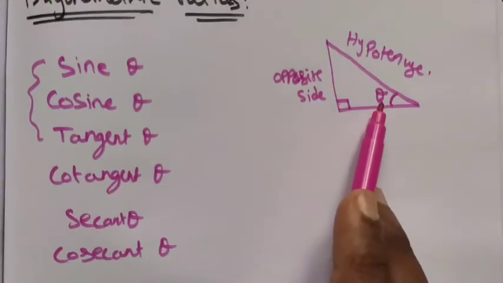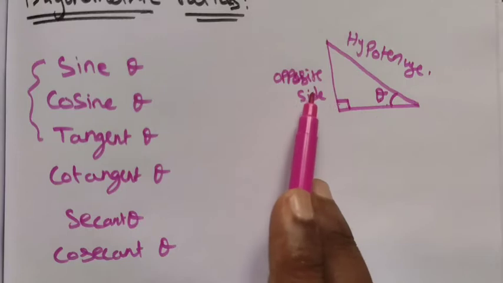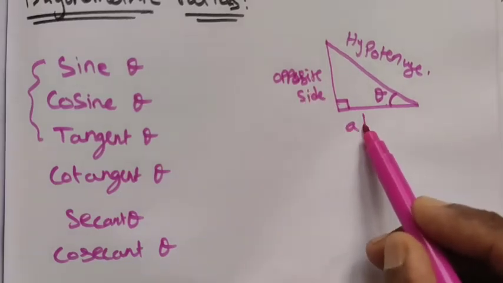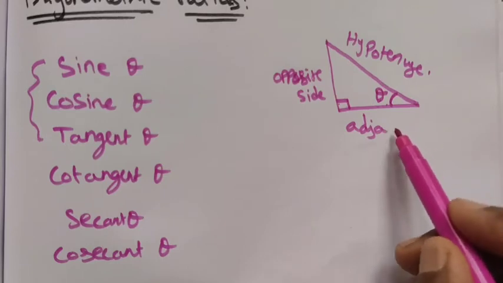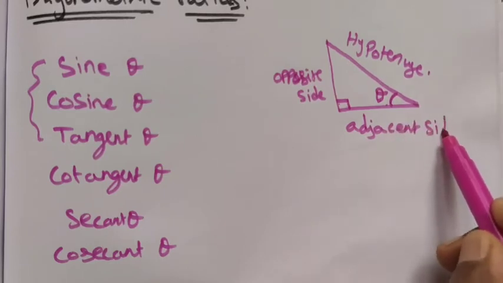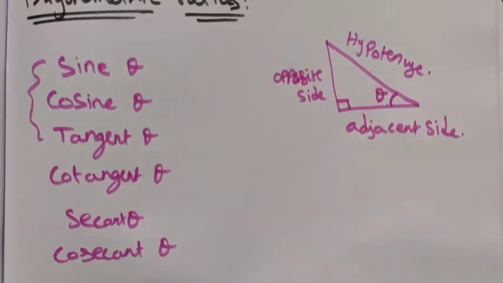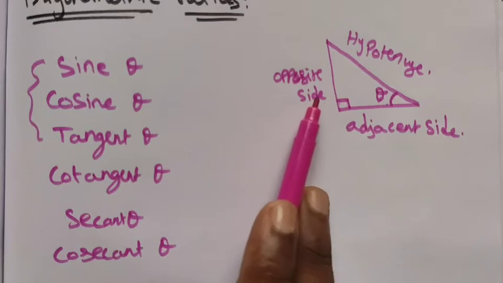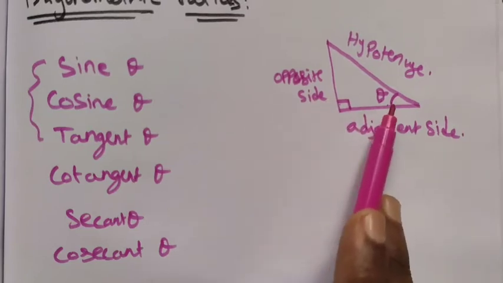The angle's opposite side is the opposite side and the remaining one is the adjacent side. So the hypotenuse side is always the longest side. The opposite side and adjacent side depend on the angle.